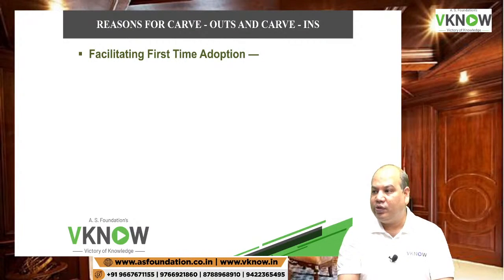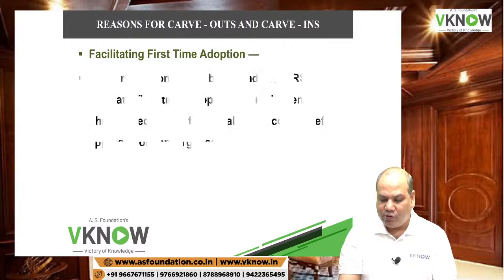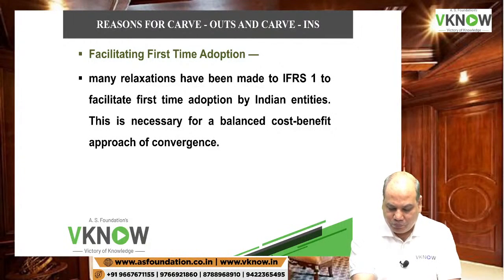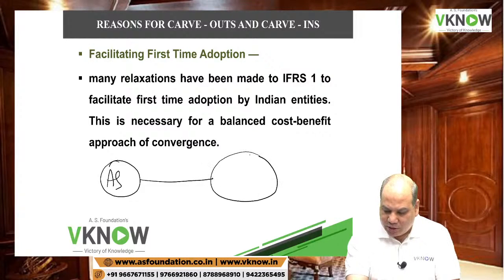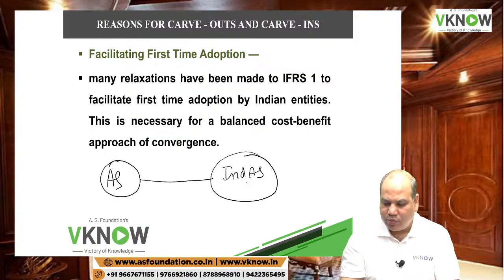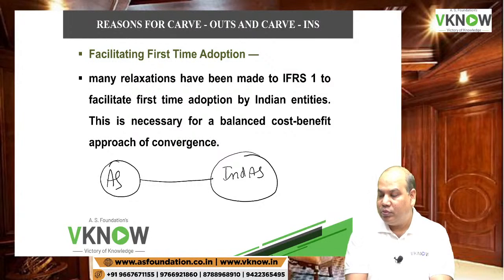And one more reason for carve-out was facilitating first time adoption. What is first time adoption? Till now you are following AS, and then from a certain date you have to transit to Ind AS.